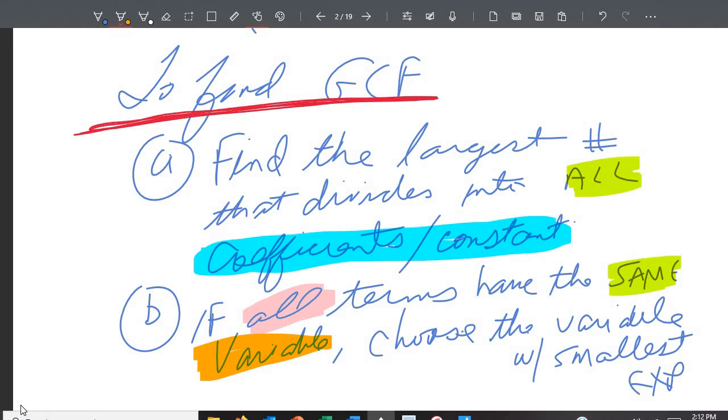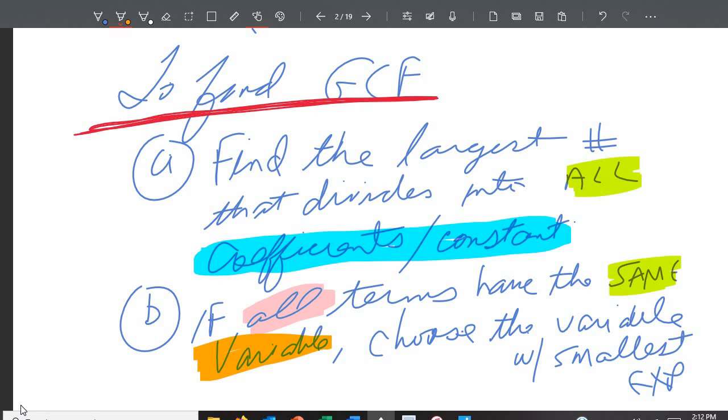For the coefficients and the constant, you're looking for the largest number that can divide into all of them. A number that can divide into all of them, and we want it to be the biggest number. Variables are different. If all the terms have the same variable, then my GCF will be the variable with the smallest exponent.